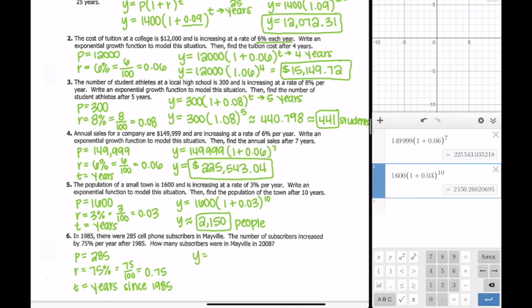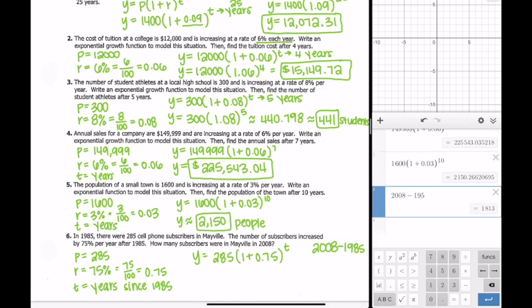Right, so we have Y equals 285 times 1 plus 0.75, and T represents the number of years since 1985. So to find T, what we're going to have to do is find out how many years passed between 1985 to 2008. So we have to subtract. 2008 minus 1985 is 23.